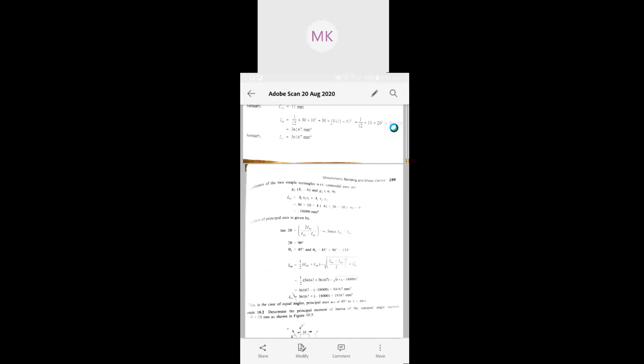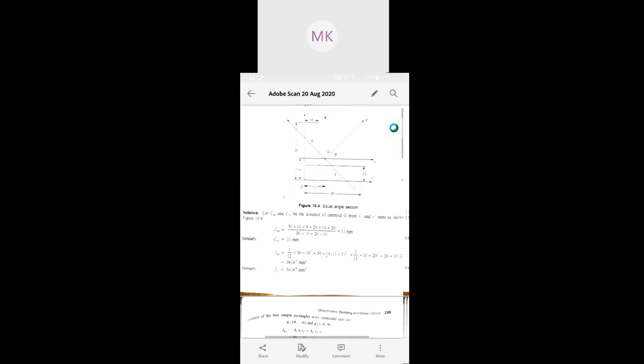In the next part, we need to find the coordinates of the points G1 and G2. How will we find them? I think all of you know the simple coordinate system: first coordinate, second, third, fourth, where the signs are plus plus, minus plus, minus minus, plus minus. According to that, see where G1 and G2 are in the figure.